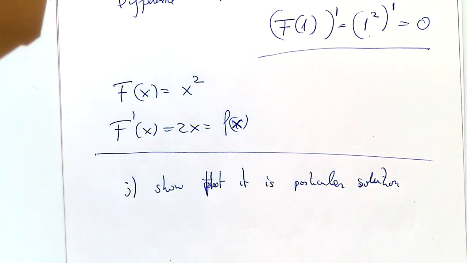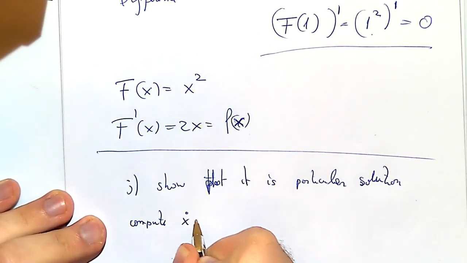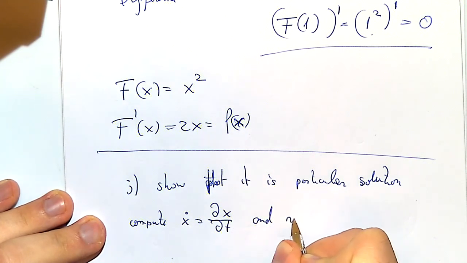Most of you got it right, but there were a lot of cases where people just started computing the general equation and getting the C. Yes, you can do it like that, but in this case, you can just compute x dot, which is just dx over dt, and replace.